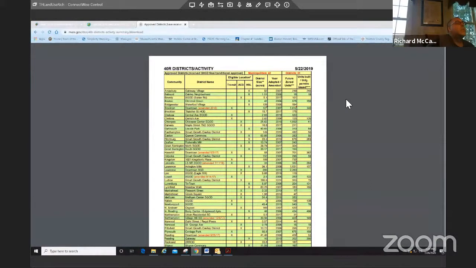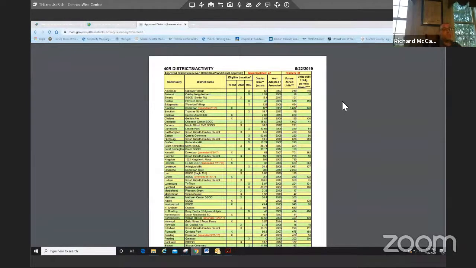You can see the different municipalities, and if they have more than one district, they're identified there, the type of location, district size, year adopted, and the future zone units, which essentially is you take your existing zoning and apply the higher density that would come as part of the 40R district, and the difference is the potential development, which gives you the number of potential units.